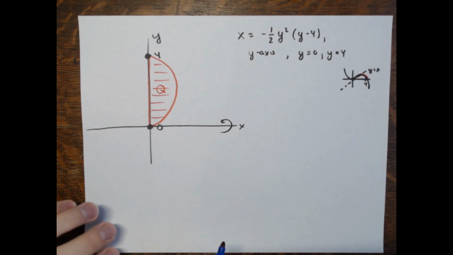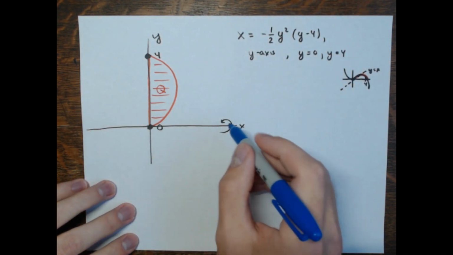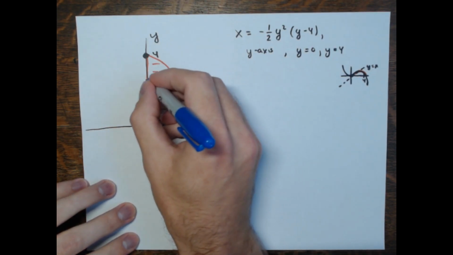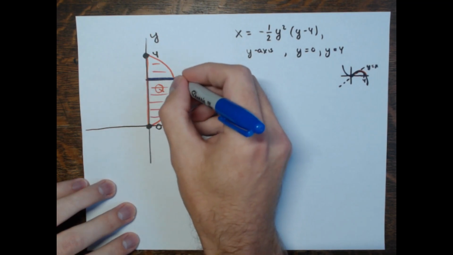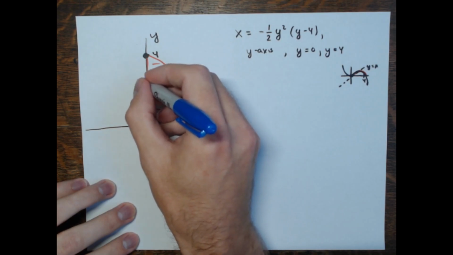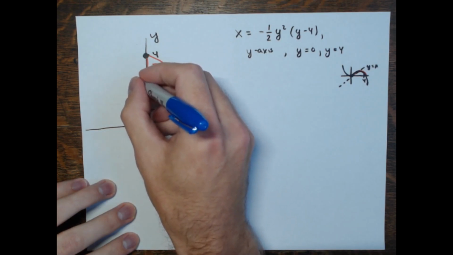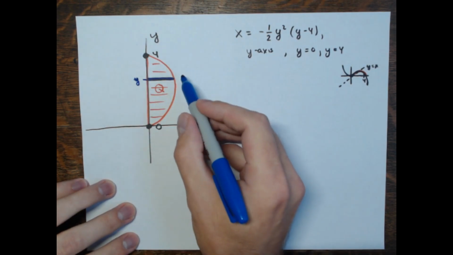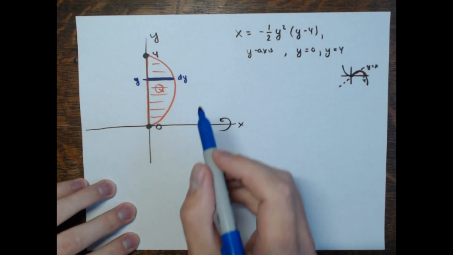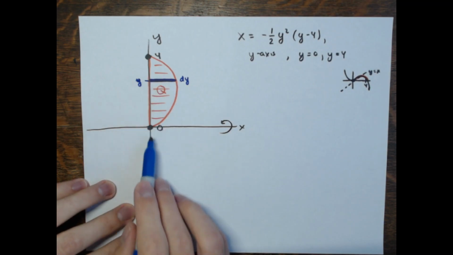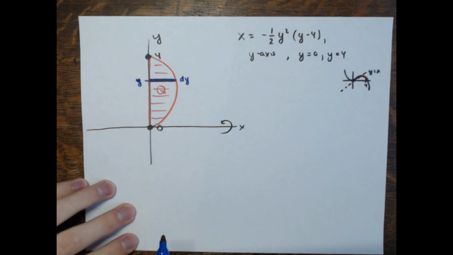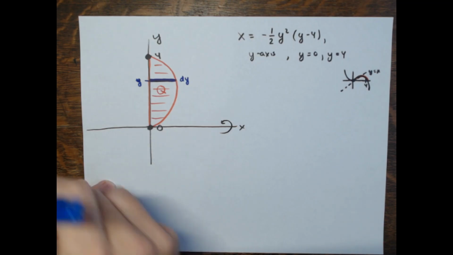So again, if I'm doing shells, make a slice, make a thin little rectangle here, parallel. So here's a little thin rectangle, and that would correspond to some y coordinate, right? And have a thickness of, we'll call it dy. And then if I rotated this thin rectangle across the x-axis, I'd create one of those rolled up pieces of paper, one of those cylindrical shells.